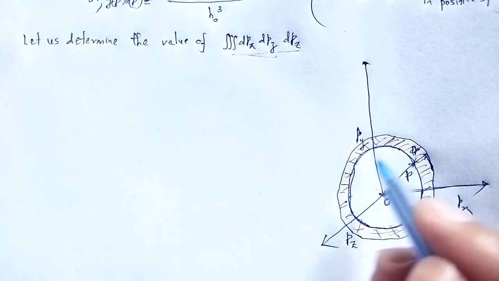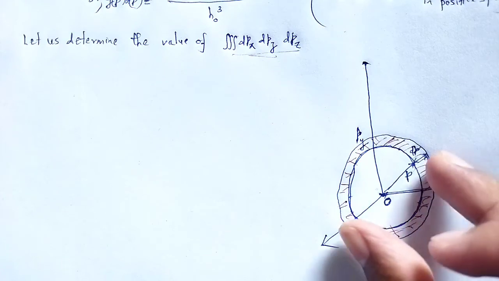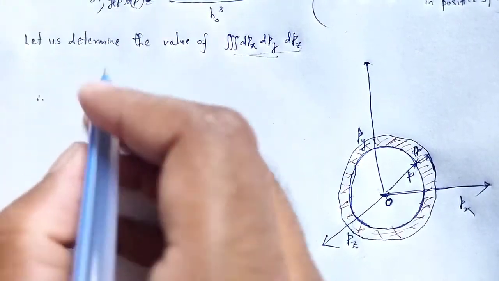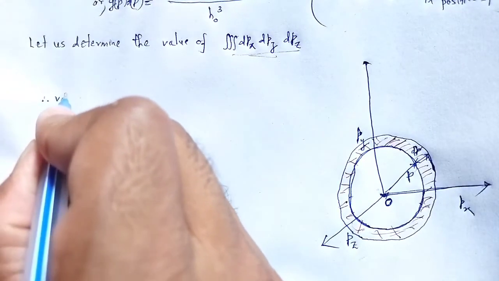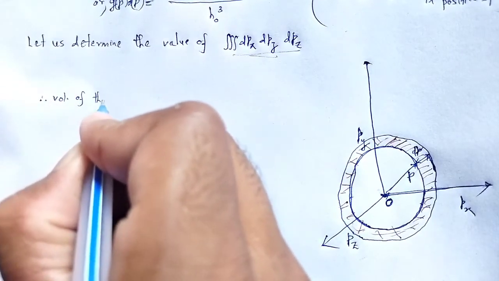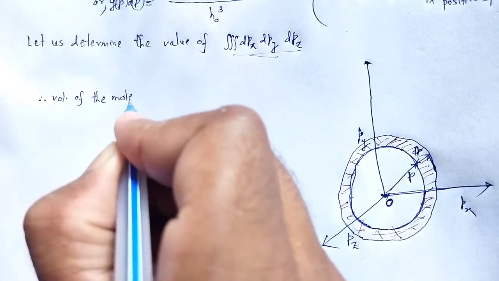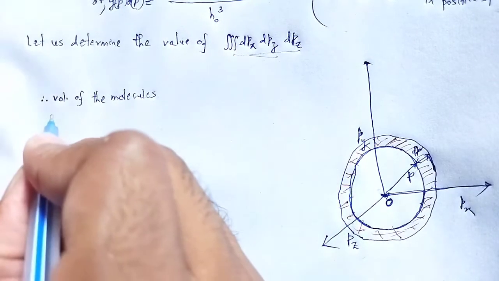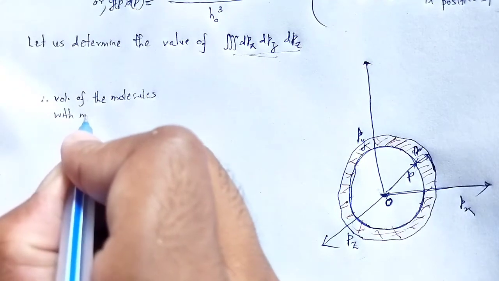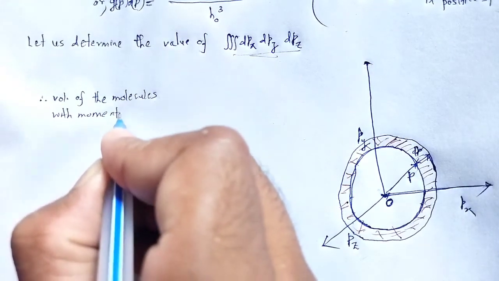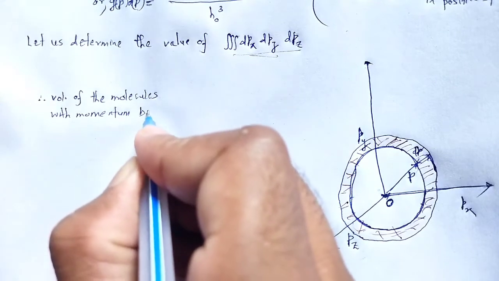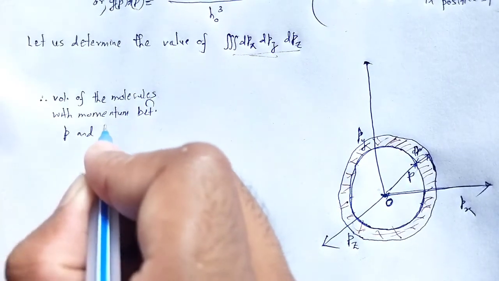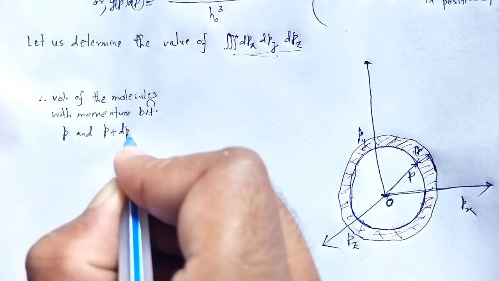So we calculate the volume of molecules with momentum between p and p plus dp.